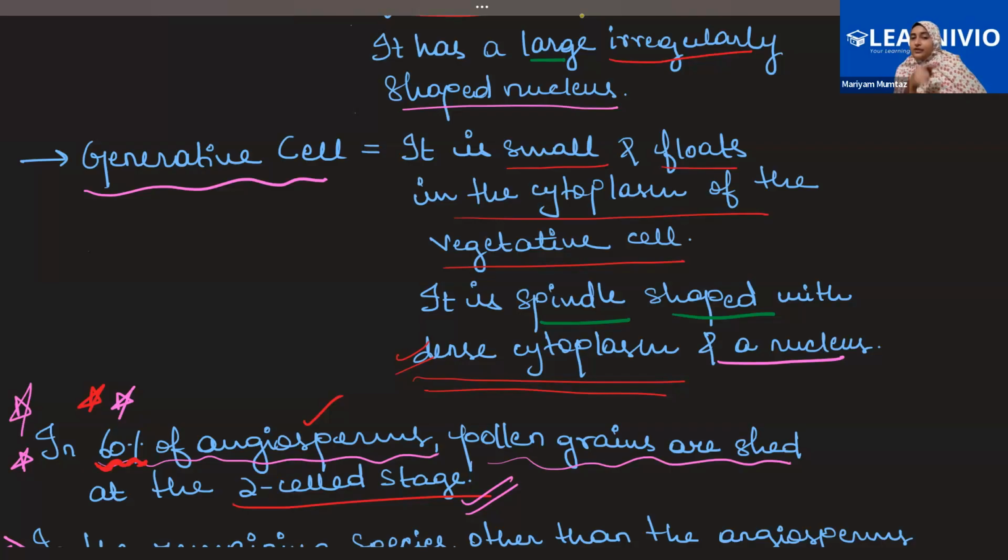I'm saying the pollen grain that you just saw. It had two cells. What are the two cells? Vegetative cell and the generative cell. So how many of them are there? Two cells. Always remember that inside the pollen grain, two cells are there.